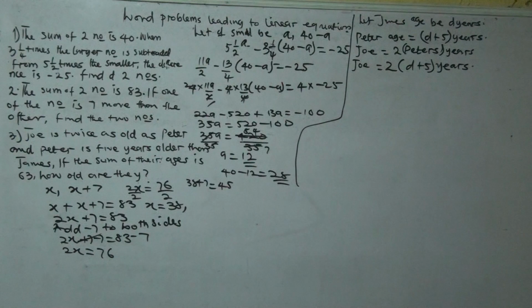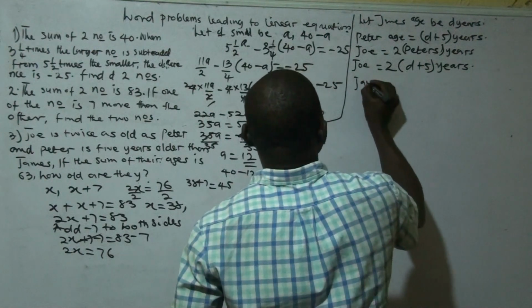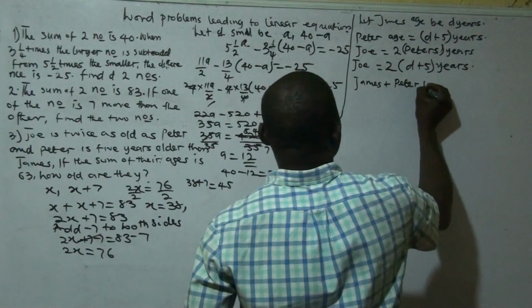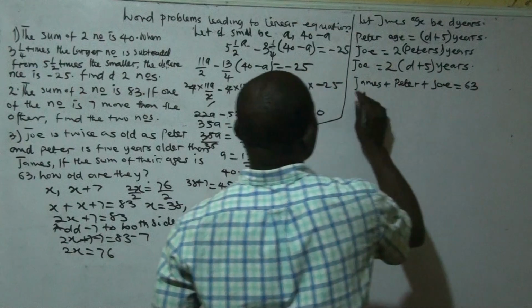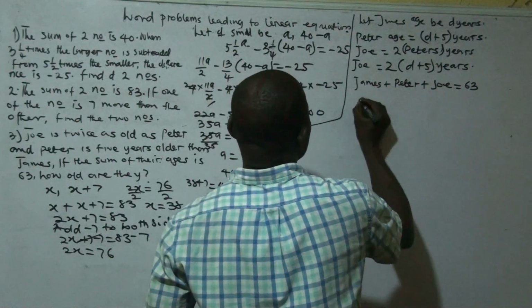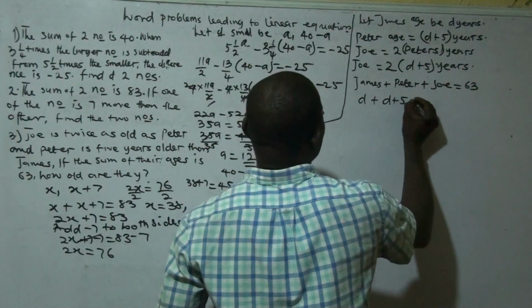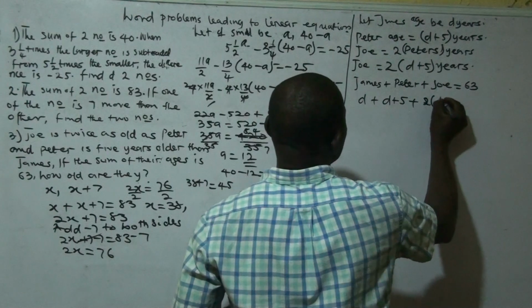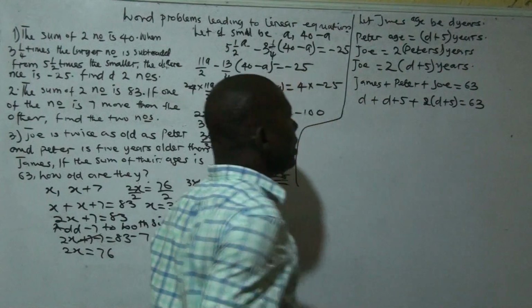And they said the sum of their ages is 63. So we begin to arrange: James plus Peter plus Joel is equal to 63. So James is D, Peter is D plus 5, Joel is 2 open bracket D plus 5, all equal to 63 years.